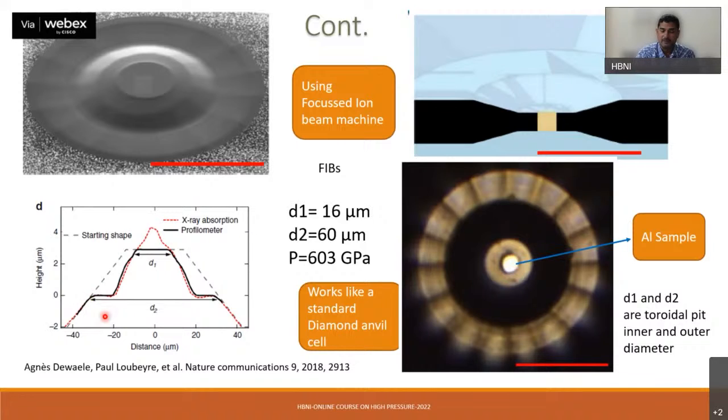So the flat portion is 60 micron, and then the further flat portion is 80 micron. Using this particular geometry, where the central flat is 16 micron and the second flat is 60 micron, people like Dewaele and others have claimed a pressure of 600 GPa using this kind of cell.